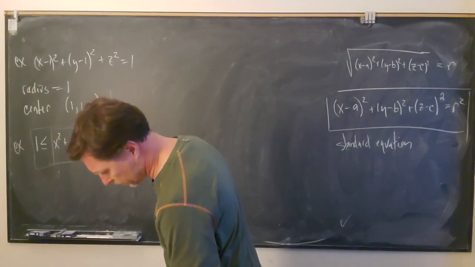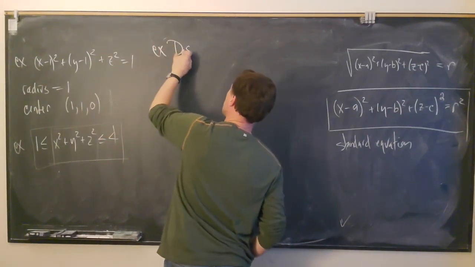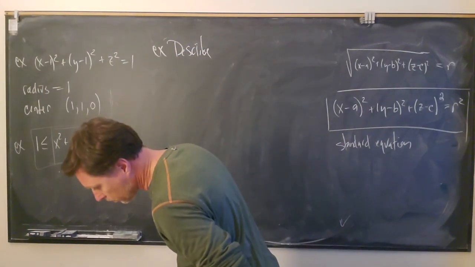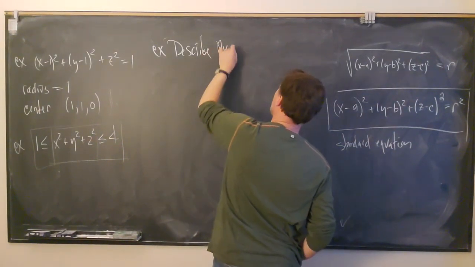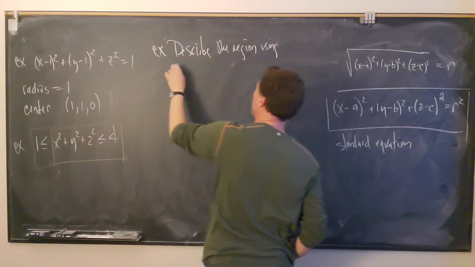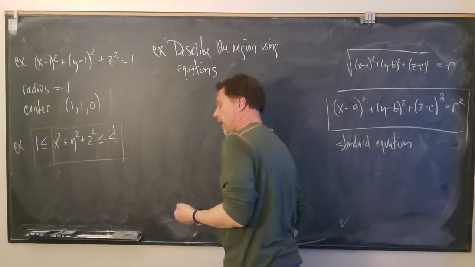So let's do a couple more examples here. Let's describe the region using equations. All right, so I'm going to describe it in words, and then we want to actually write down the equation.